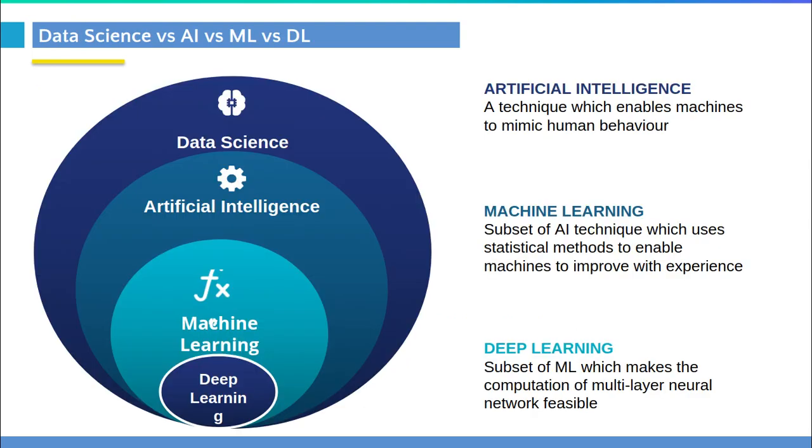Okay, so that's what I was trying to brief, and here I would like to summarize our discussion about data science, where data science is a bigger term in which we have AI, machine learning, and deep learning, and we apply statistics and computer programming to achieve the business objective. Okay, so that's all for this video.